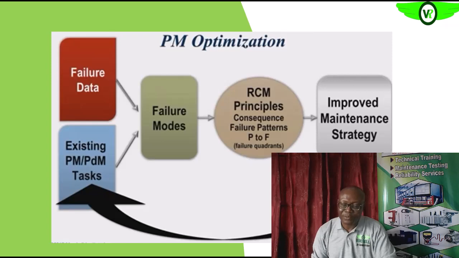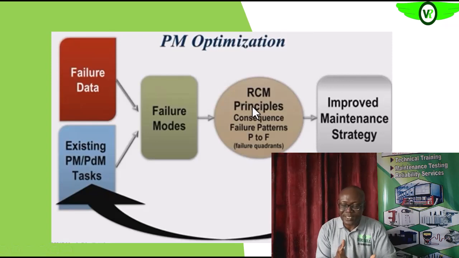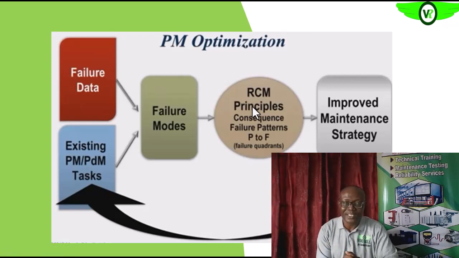Then from the RCM principles, once we deploy them, we'll be able to determine the right maintenance mix that will help us to optimize these maintenance strategies, as we'll see later. Which means that some unnecessary maintenance will be removed.